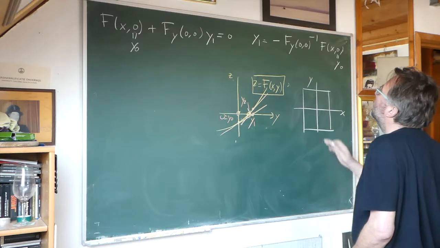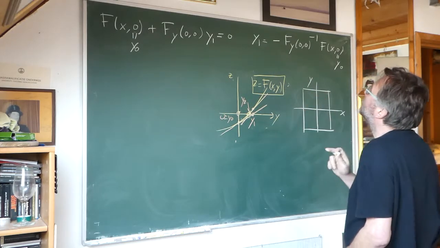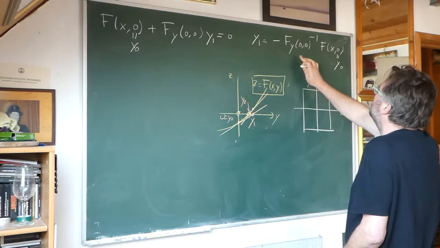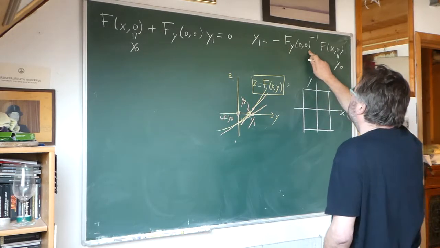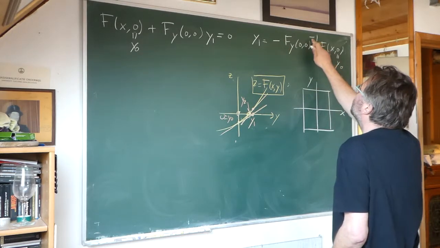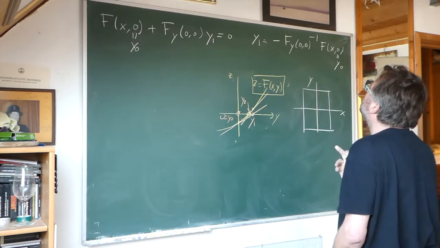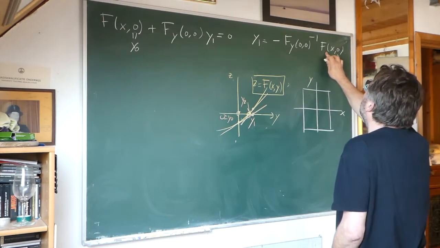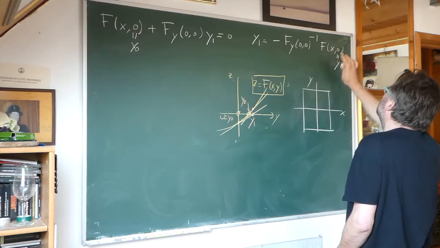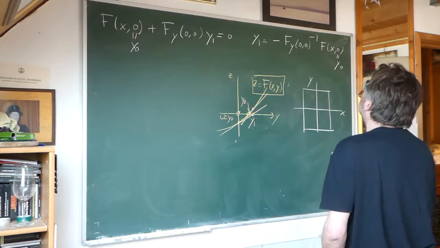Then how big can this be? This is y1. It's defined in terms of this fixed inverse of this partial derivative acting on f of x and 0.